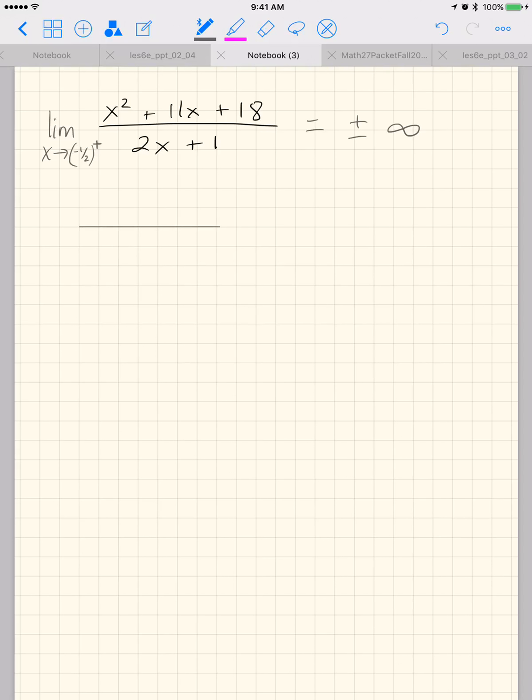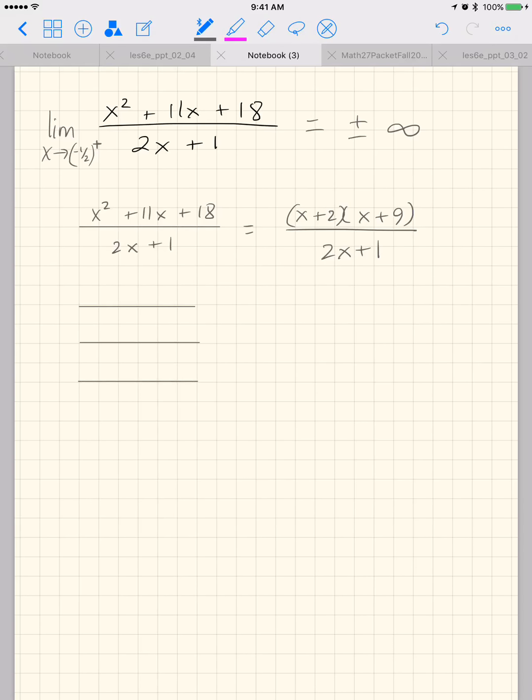Can you tell that x squared plus 11x plus 18 over 2x plus 1 factors into x plus 2 times x plus 9 over 2x plus 1? Now I'm immediately going to make a little number line for x plus 2, one for x plus 9, and one for 2x plus 1.